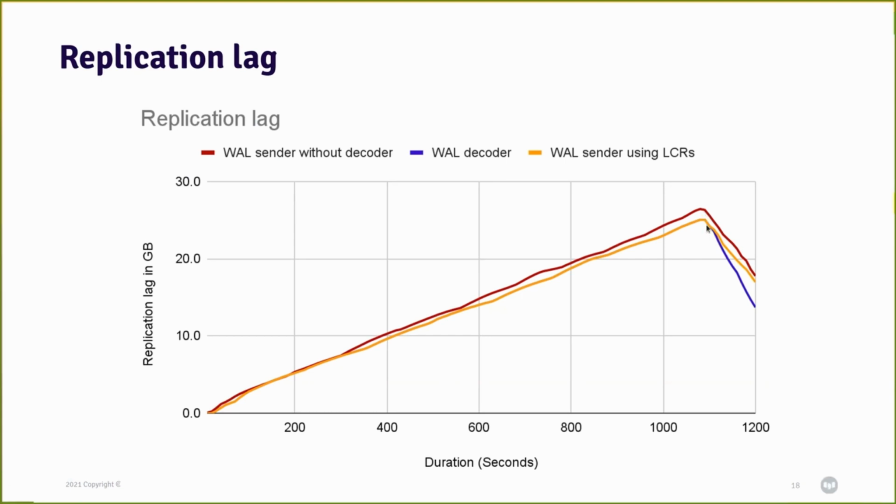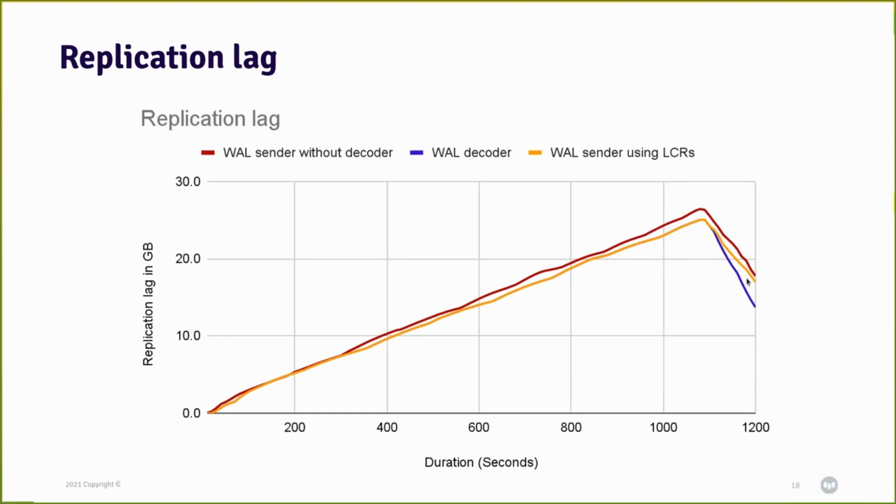The rate of accumulation of replication lag is slower with the WAL decoder, where the WAL sender is using LCRs. And also you will see that the WAL sender is keeping up with the WAL decoder since it's just reading and sending those LCRs.